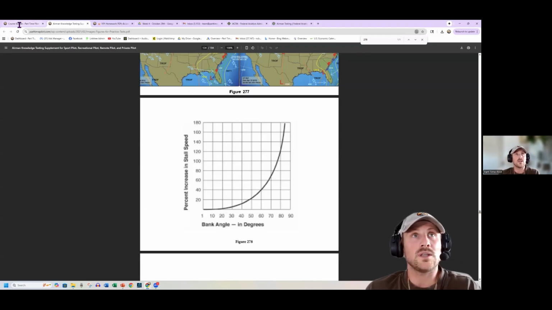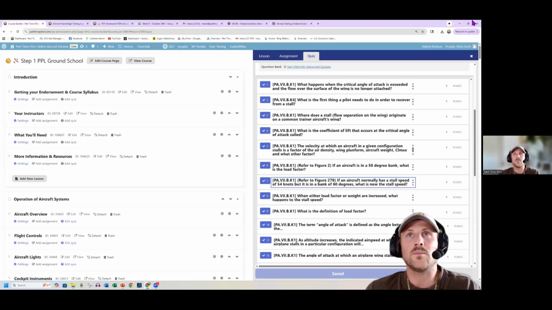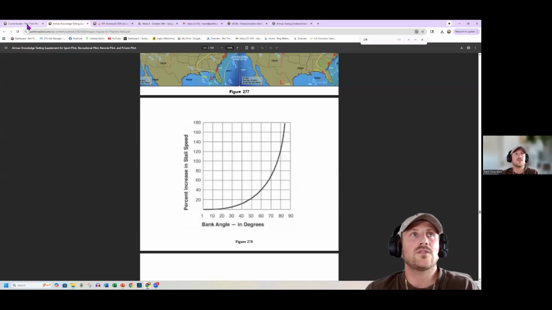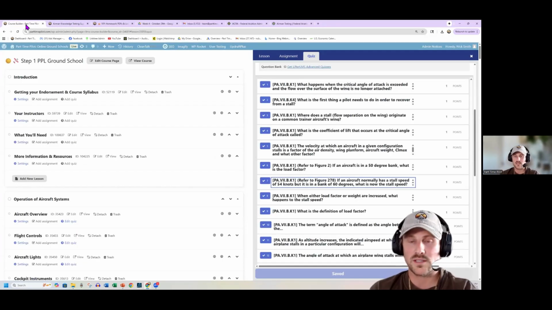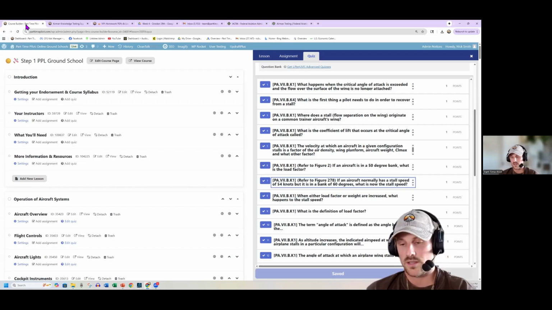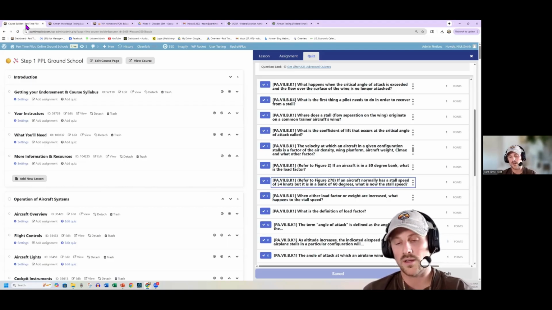So our stall speed before, straight and level, is 54 knots. And I just said 40. So if it increases by 40%, so 40% of 54, we can find that by 54 times 0.4, which is 21.6 knots.